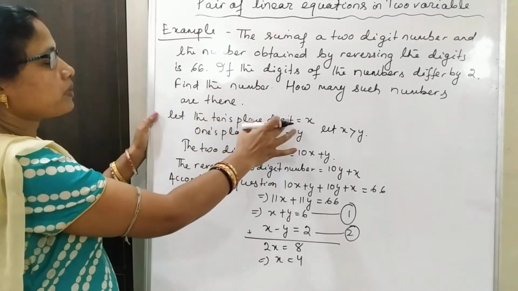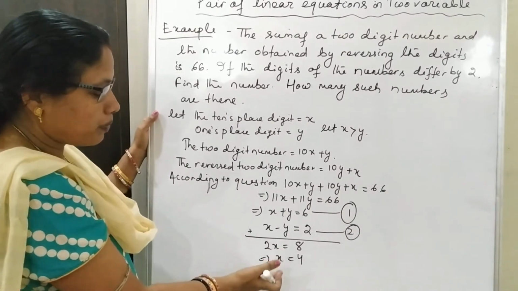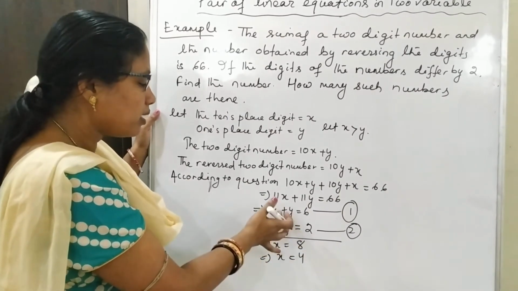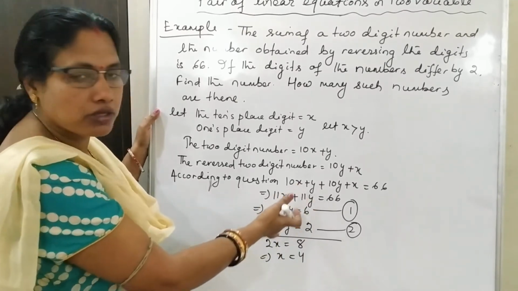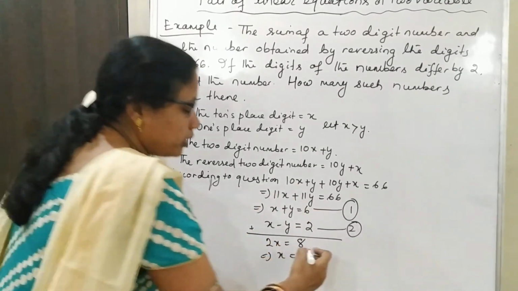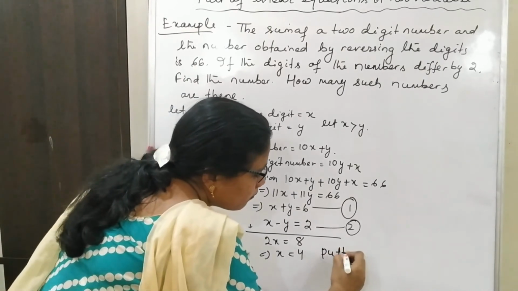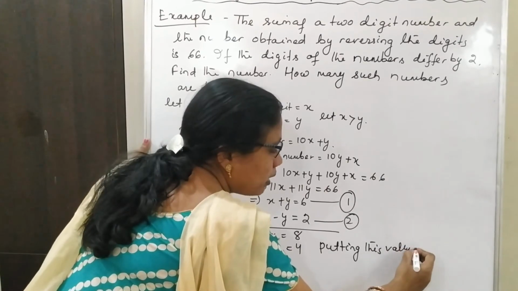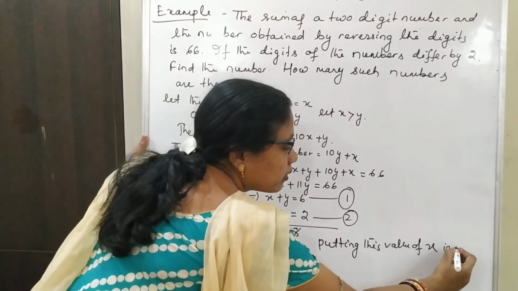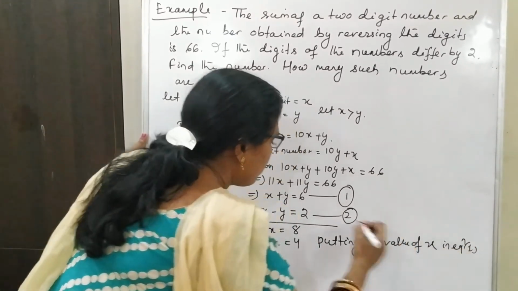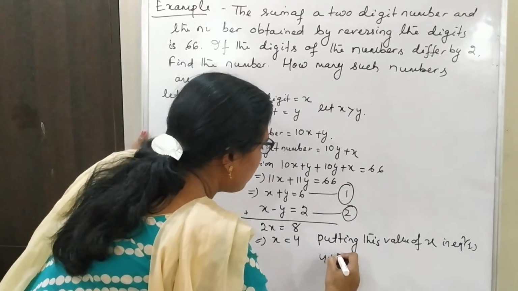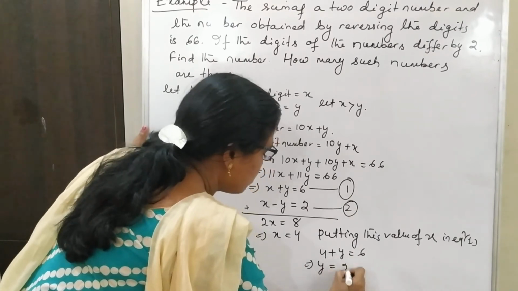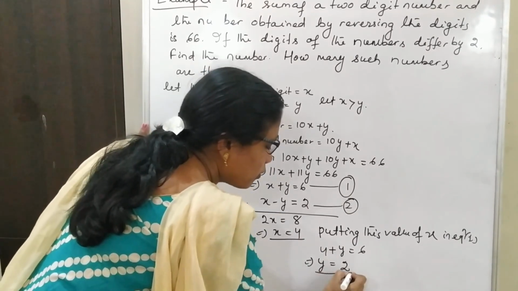So our tens place digit will be 4. To find the value of y, I will put this value of x in either equation 1 or equation 2. So putting this value of x in equation 1, what I will get? 4 plus y is equal to 6. So this implies y is equal to 2. So x is equal to 4 and y is equal to 2.